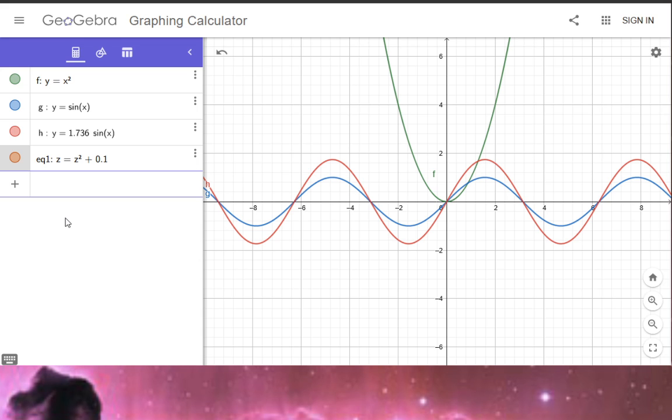Oh shit, C equals a function of x and y. C equals function. I can't do it on here.